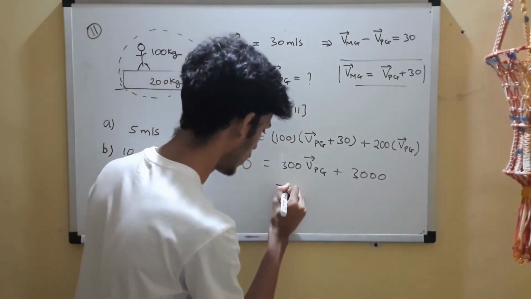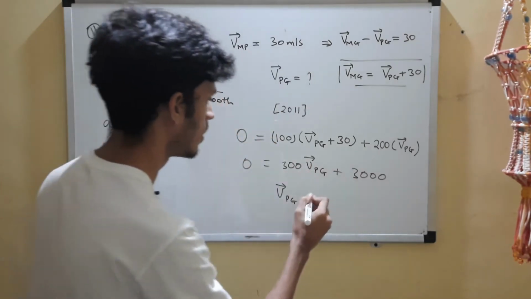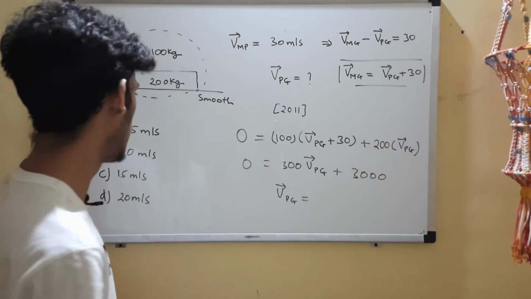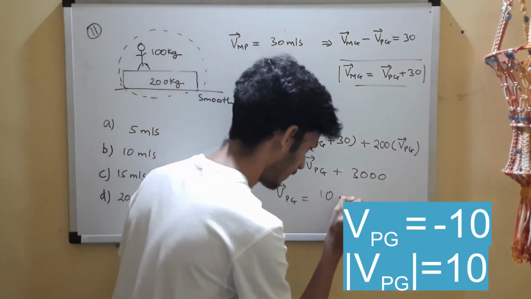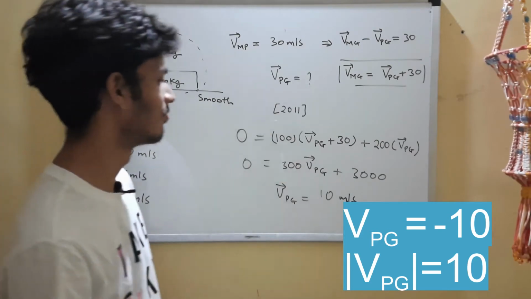You can see that velocity of platform with respect to ground will be minus 3000 upon 300, that will be 10. So 10 is the correct answer.